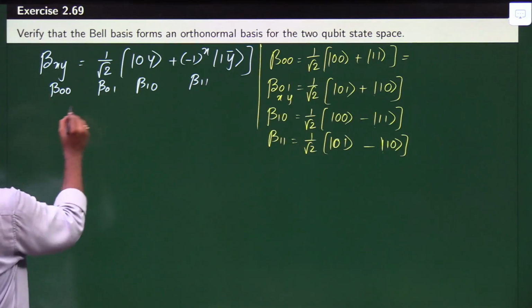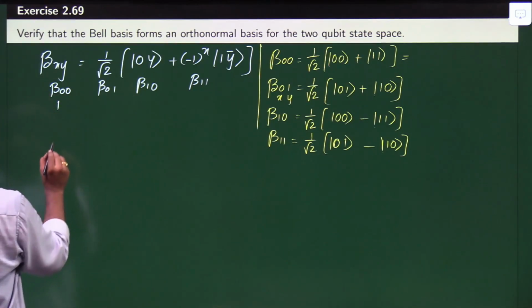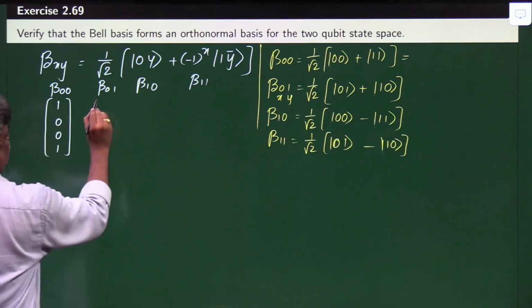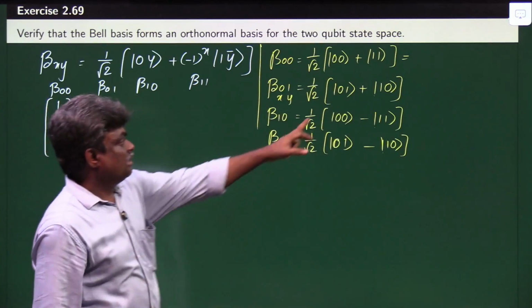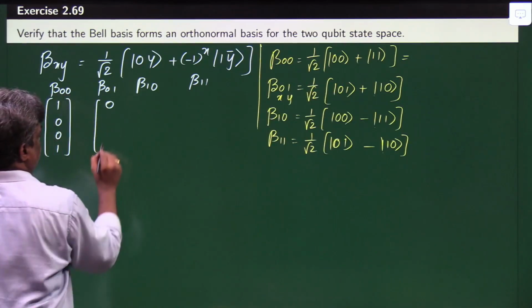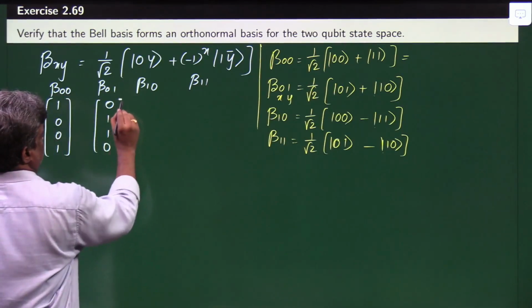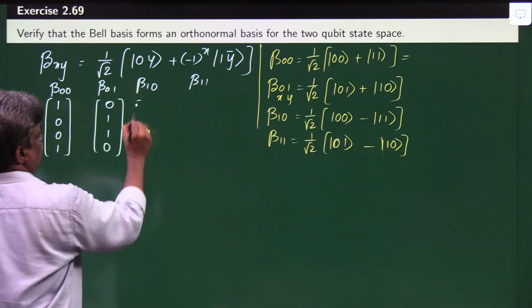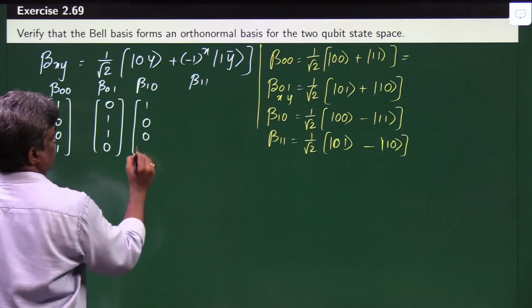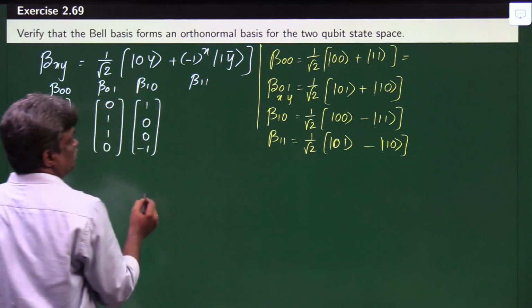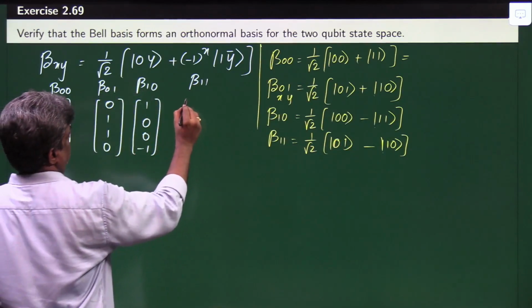Beta 00 is 1 and the last one 1, in the middle two zeros. Beta 01 has the middle two ones and the first and last 0. Beta 10 is the same as the first one but with a negative sign, and beta 11 is the same as the second one but with the negative sign.